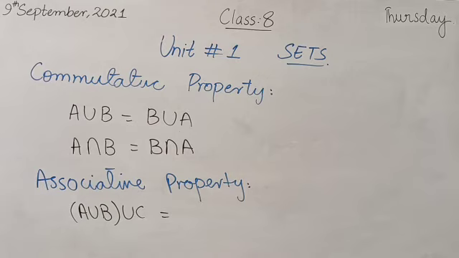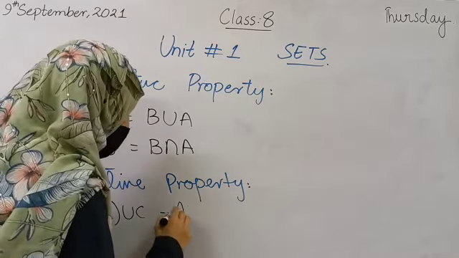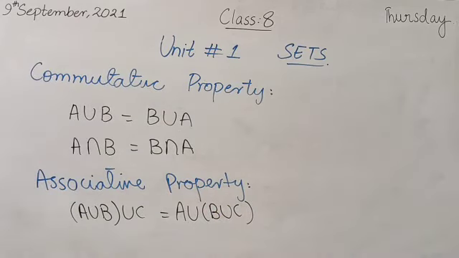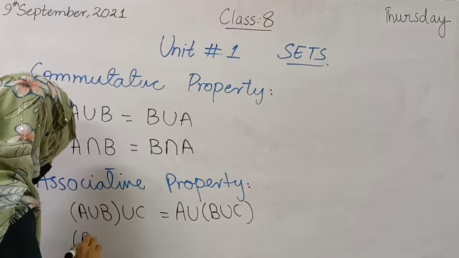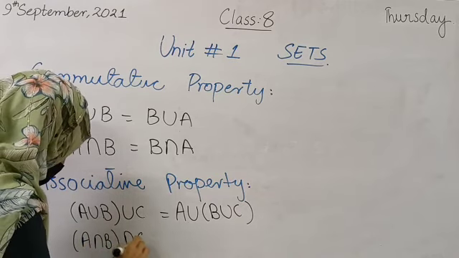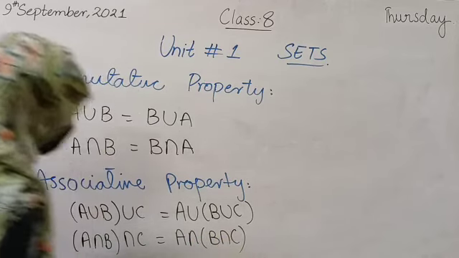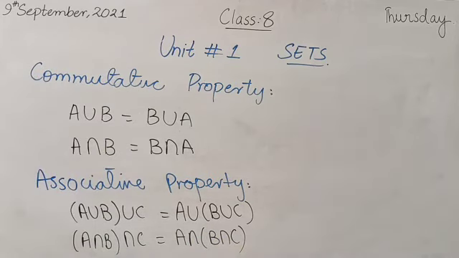And it is equal to taking the union of the last two sets and then taking the union with the first set. Similarly, the same is the case for intersection: A intersection B intersection C is equal to A intersection B intersection C. For any three sets, if you first take the union of two and then with the third, they are equal.